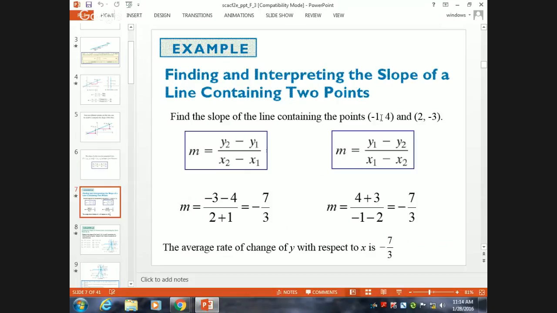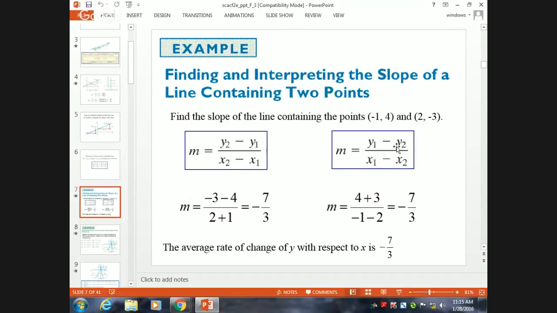Okay? So we go through this formula, and we take through this example here. We got the points -1, 4, and 2, -3. You find the change in y divided by the change in x. Well, in the first example, you say, hey, let's make this second point be the first point in our calculation. So its y is -3. And then we subtract the y from this point, 4.